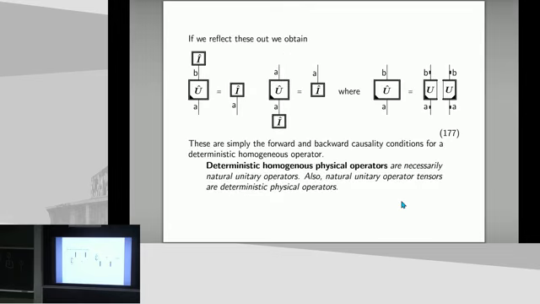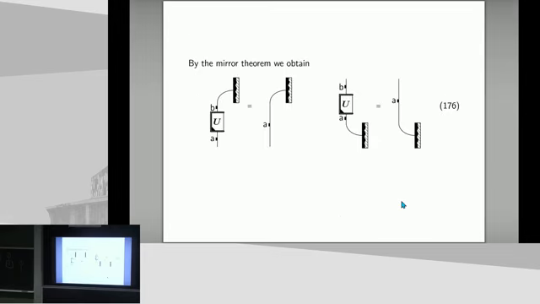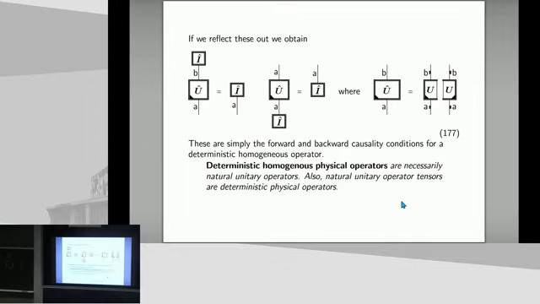And those conditions here have the same meaning as this. And this is simply the double causality conditions for a homogeneous operator tensor.